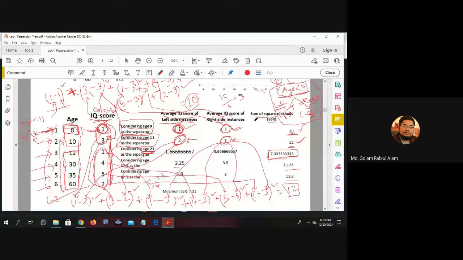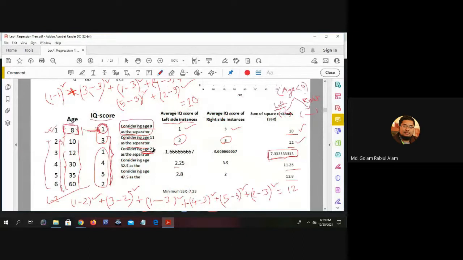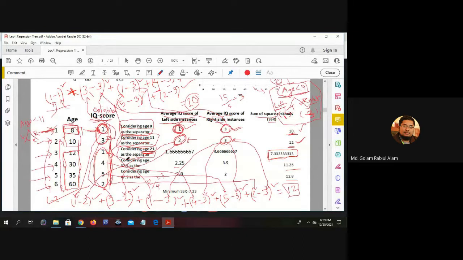Okay, that means we have calculated the sum of the square residuals for S11 as the separator. Similarly, we have to determine the sum of the square residuals for 21 as the separator, and the separators 32.5 and 47.5.